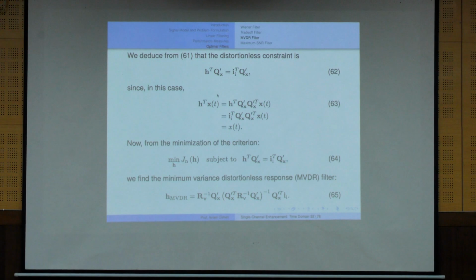So using these constraints, instead of saying that H transpose X is equal to X for any possible X, we need to apply it for all eigenvectors from 1 to L if we don't know the rank of X, the signal subspace.